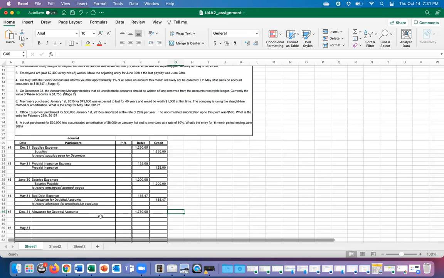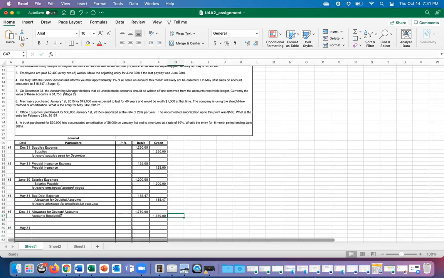And so that's our next move here, is the accounts receivable. We're going to be crediting that for 1,750. Remember that an accounts receivable account is just a regular asset account. So a credit affects it by decreasing the amount in the accounts receivable. Right.